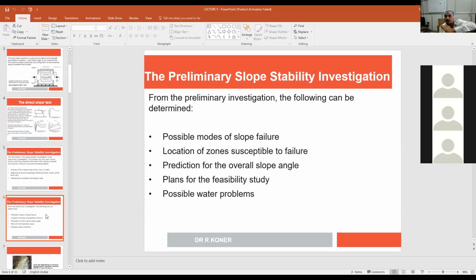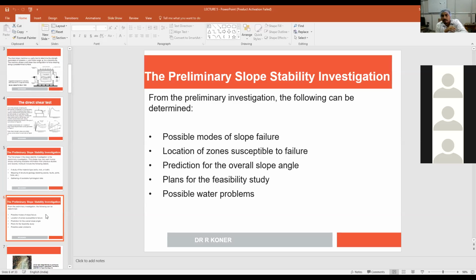For the planar failure, how the failure will occur, what type of geological condition will drive the planar failure, what type of condition will drive wedge failure, toppling failure, and circular failure. Based on this preliminary understanding and gathering of data, we can interpret the most probable failure mode and the location of zones susceptible to failure, where the failure will occur.